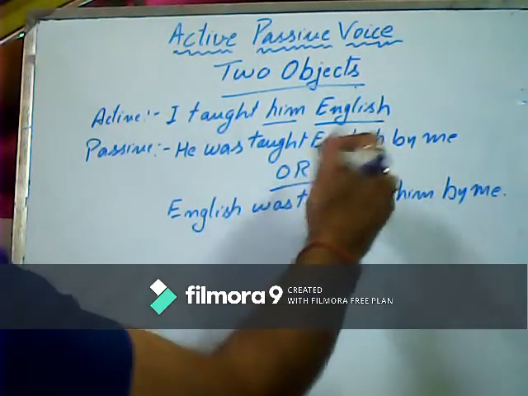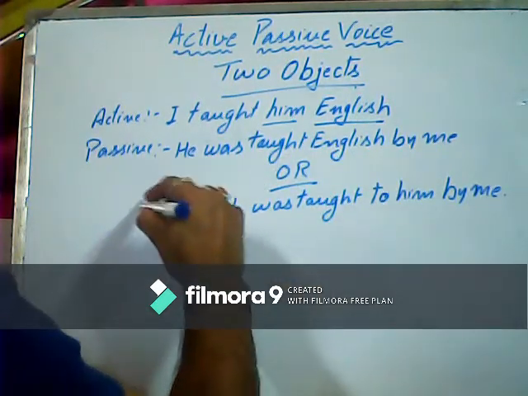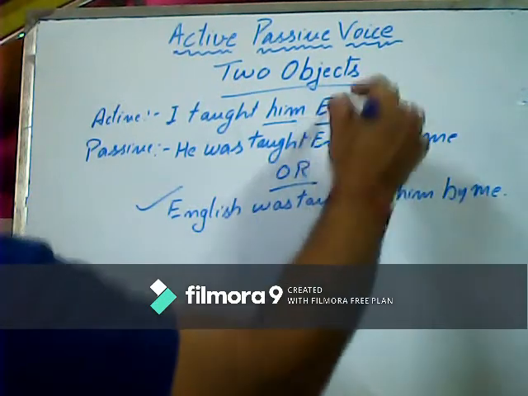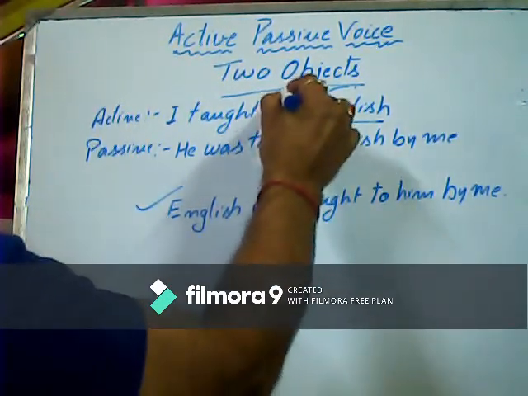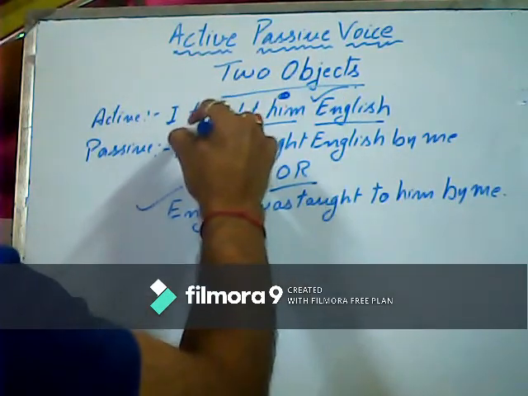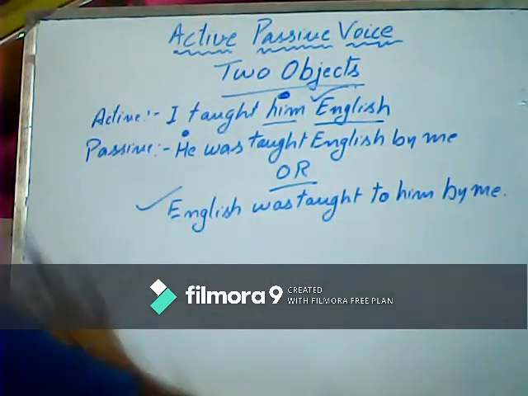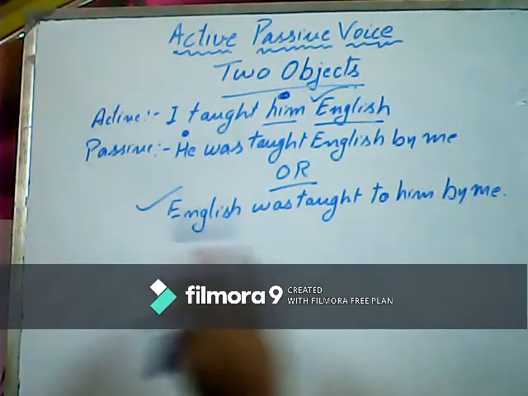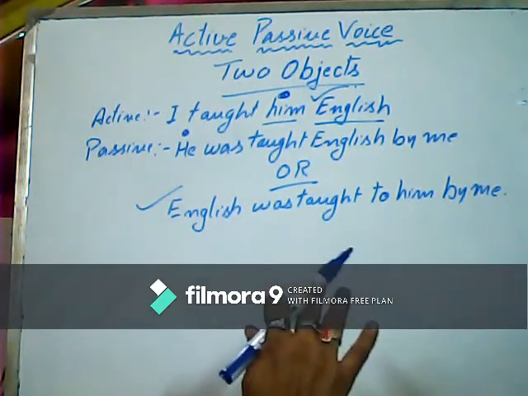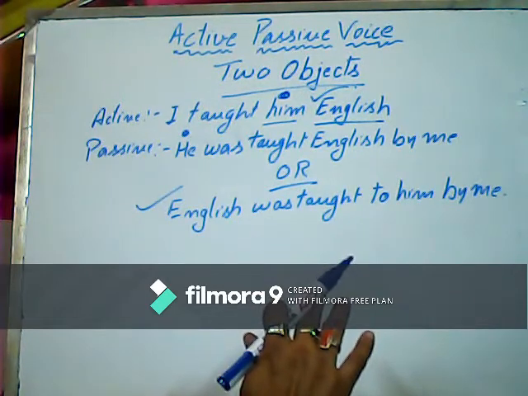Now in the second sentence we have taken the second object, English, and in the first sentence we have taken the first object as subject. So both are correct. You don't have to worry about that. Whatsoever way you write, they are correct.